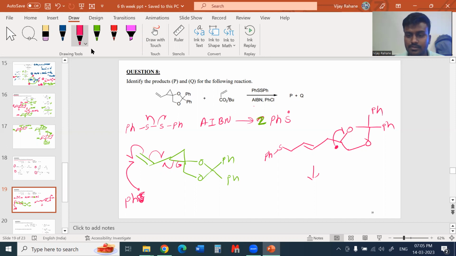Right. So minus PhC double bond O, PhS, right? So this one will be getting eliminated, and the product will be here. I'll draw it with a different color so you can understand.